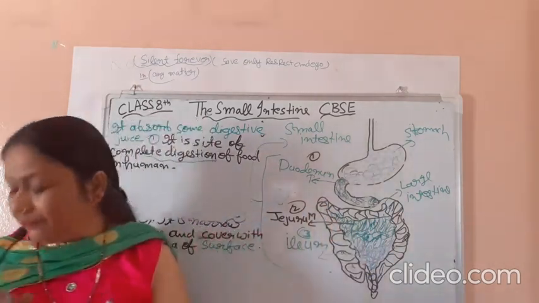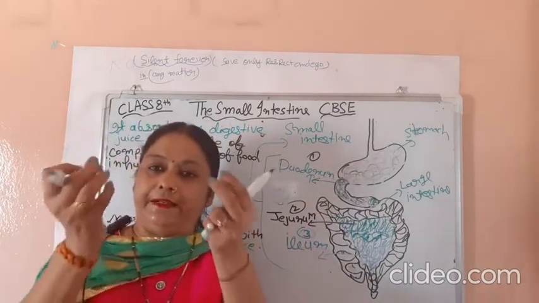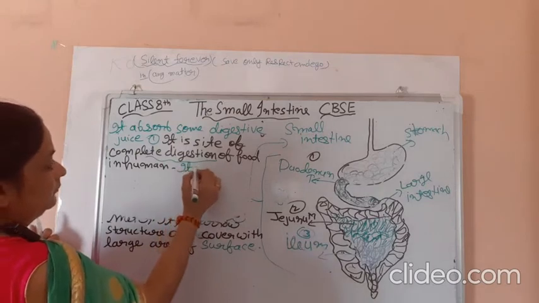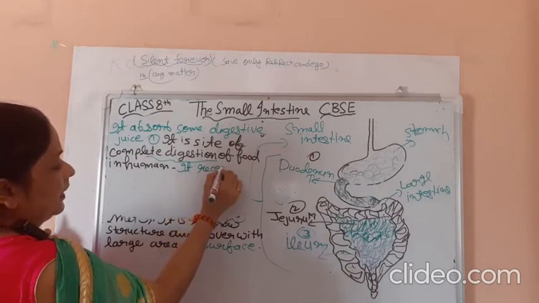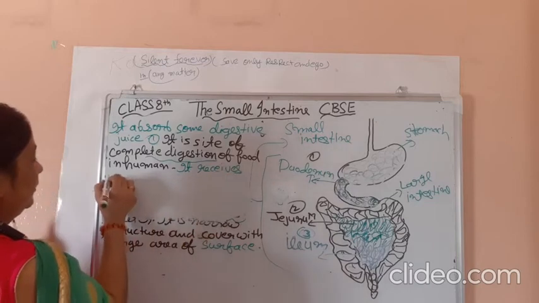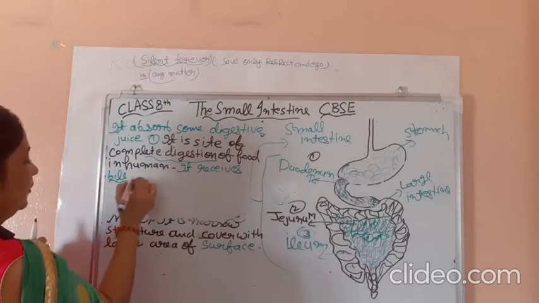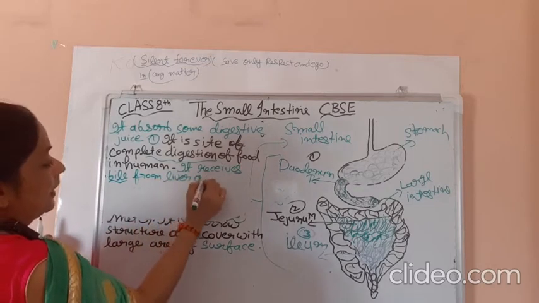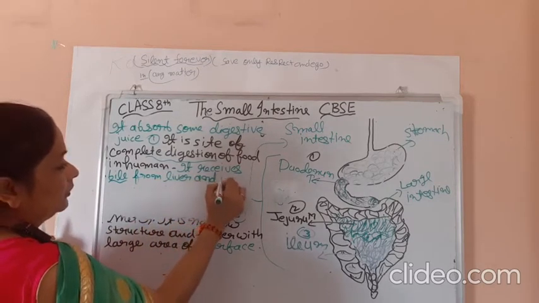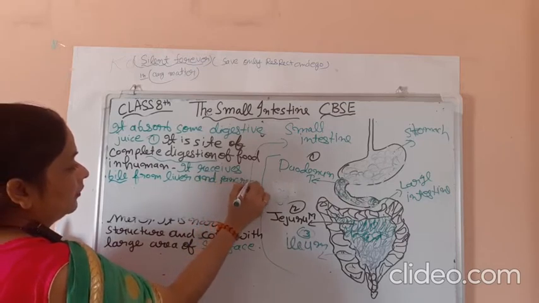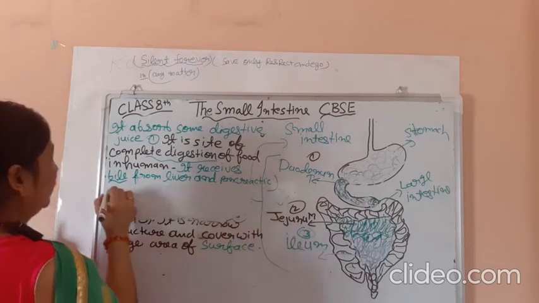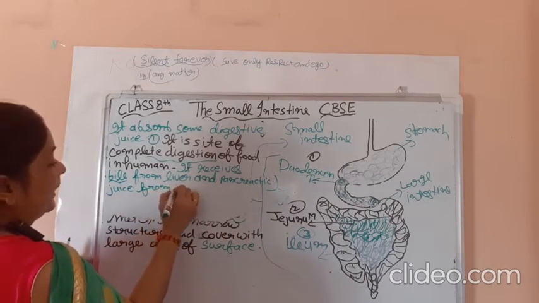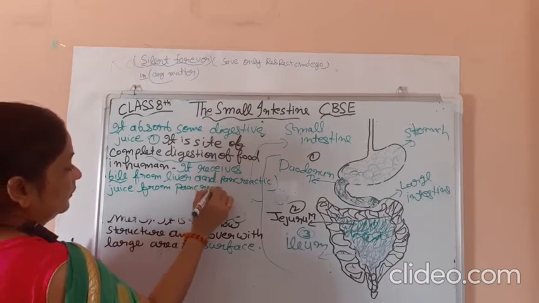Okay, it absorbs digestive juice, and it receives bile from the liver and pancreatic juice from the pancreas.